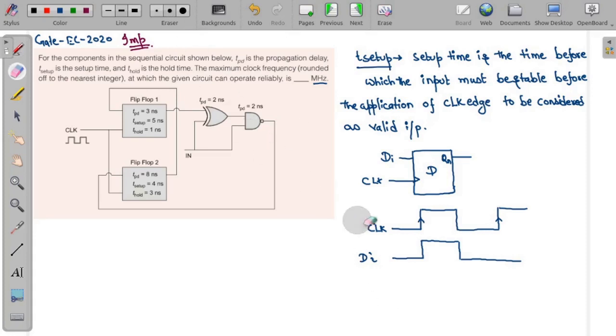So let me remove this thing. So this is my positive. Now what do we mean by setup time is that, let me assume the setup time for this circuit is given by Ts. Okay. So this is my Di.